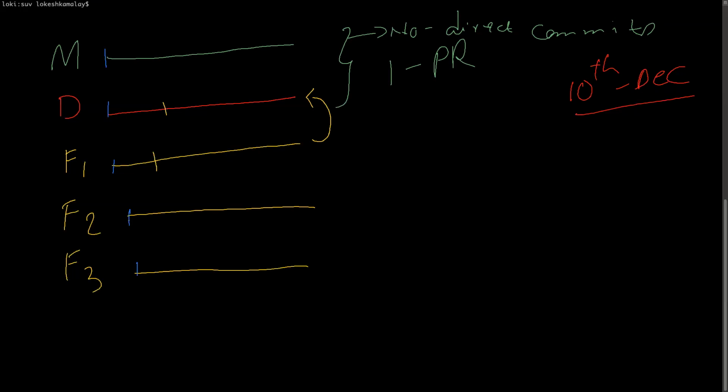Now development has an additional commit. Now F2 also made changes and did his commit. Again, he has to put a pull request to the development branch. Now the development branch compares what changes are coming in with what it has.